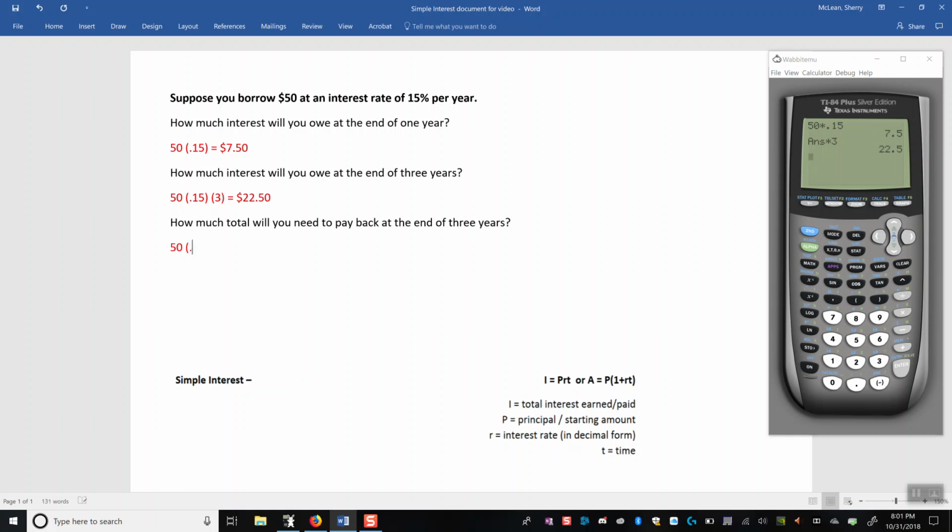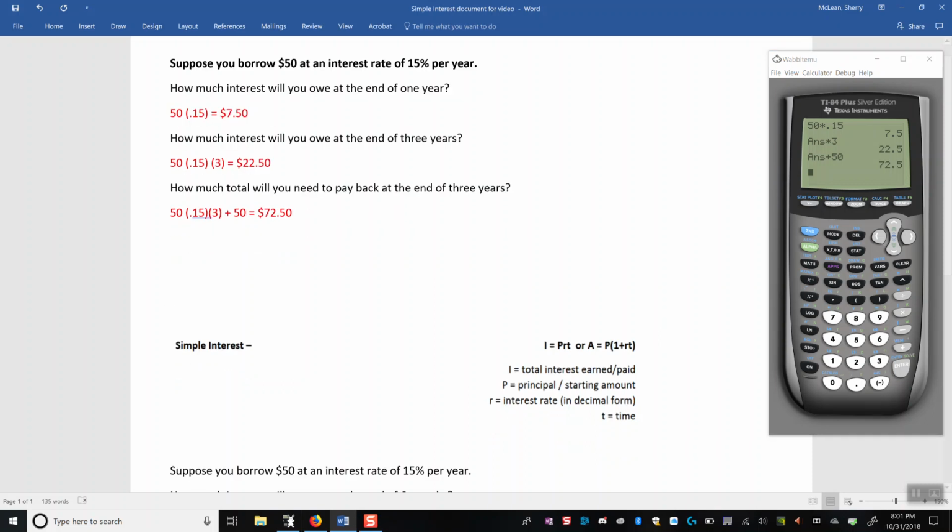Again, if we're sticking with this $50 at 15% for 3 years, but then we'd need to add that $50 back in again. And in this case, when we add that $50 back in, we get a total amount that we'd need to pay back at the end of 3 years of $72.50.